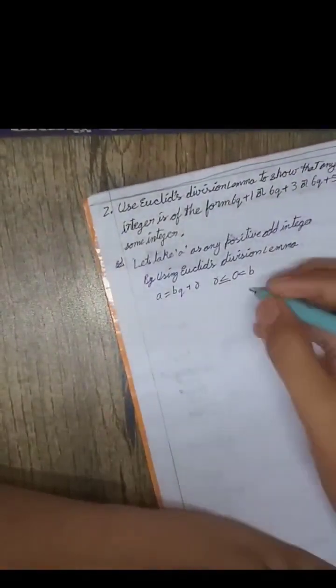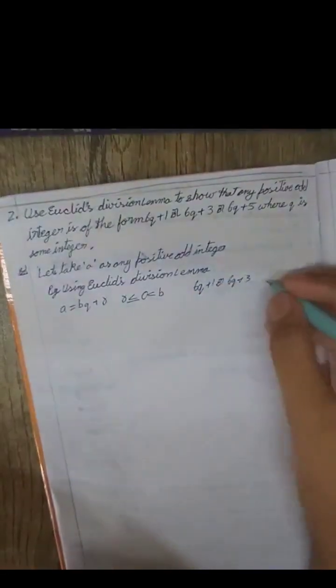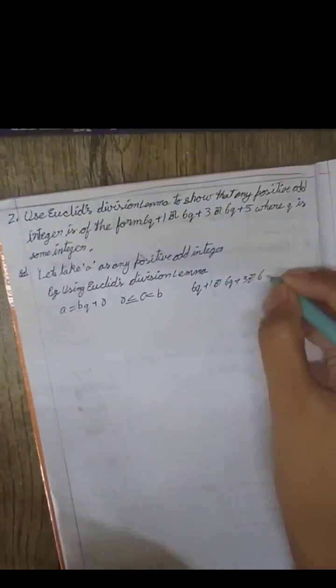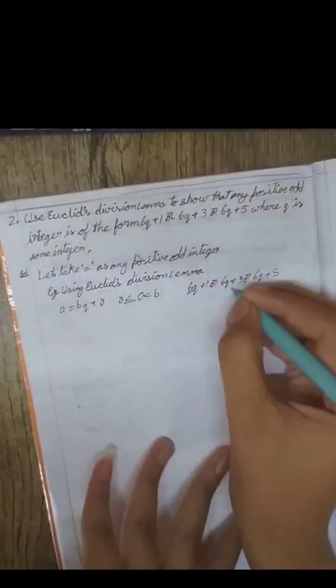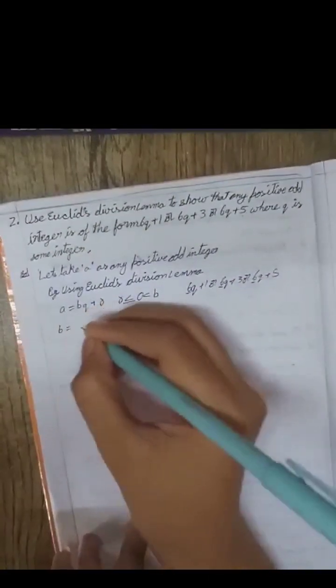Now here it is given 6q plus 1 or 6q plus 3 or 6q plus 5. Here 6 is given as b. Let's take b is equal to 6.